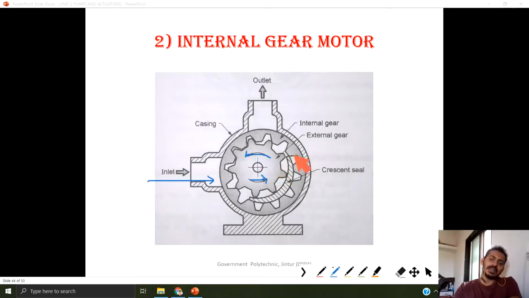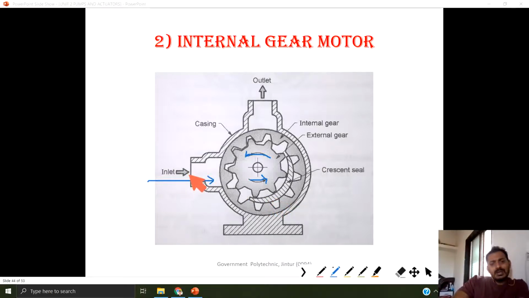This is a frictionless material, so there is minimum friction, and it is creating the pockets between the external gear and crescent seal, and also between the crescent seal and the internal gear.